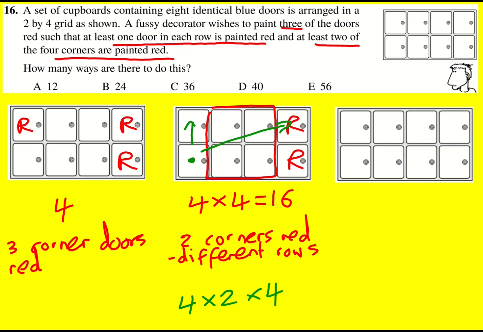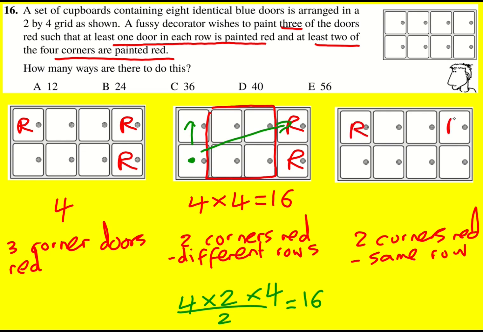I just have to then take into account the fact that I could have double counted, because I might have picked this one first and then this one, which would give me the same arrangement as if I picked this one first and then this one. So I have to divide by 2. It's just a different way to think about it, probably a little bit more complicated, but it still gets us our answer of 16. This leaves us finally with 2 corners red, but they're going to be the same row.